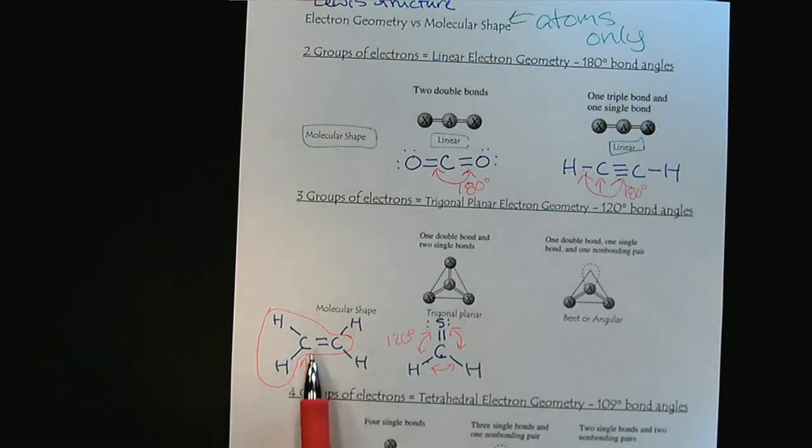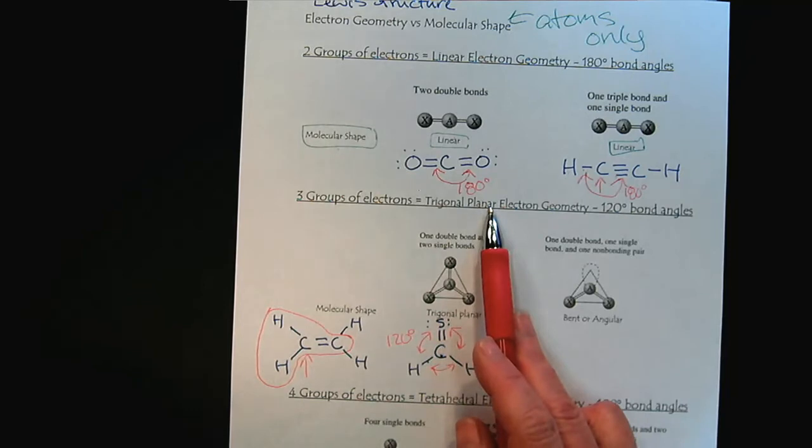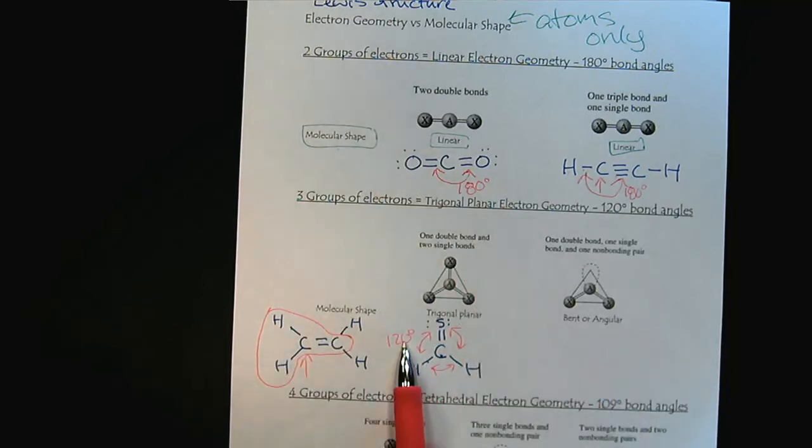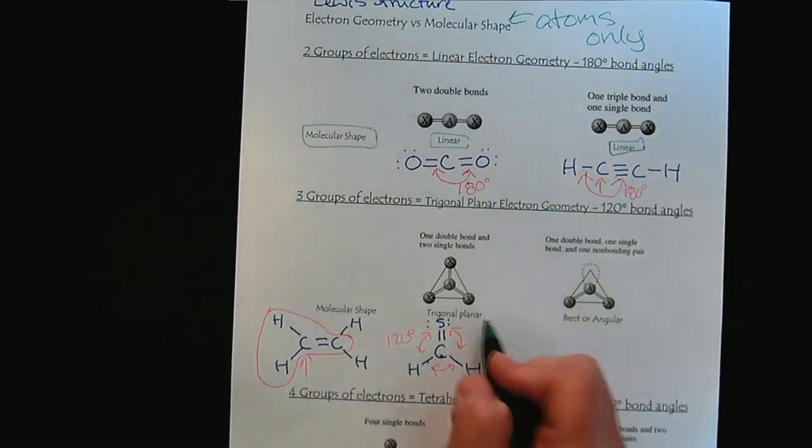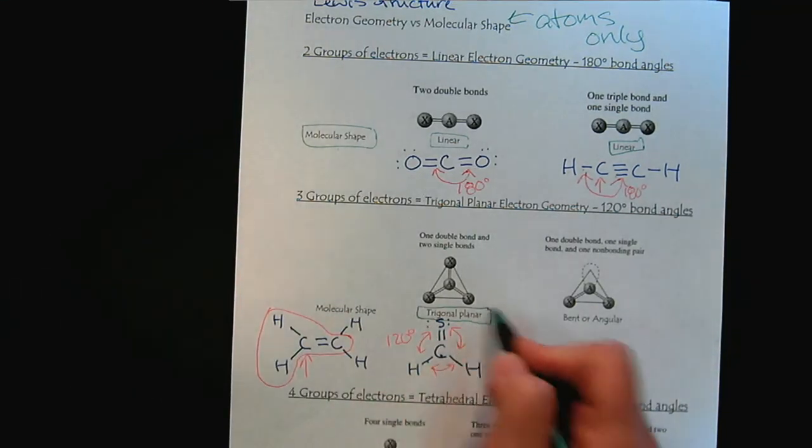So we would describe the electron geometry around this carbon as being trigonal planar. And these bond angles will all be approximately 120 degrees. So the molecular shape matches the electron geometry. The molecular shape would also be described as trigonal planar.